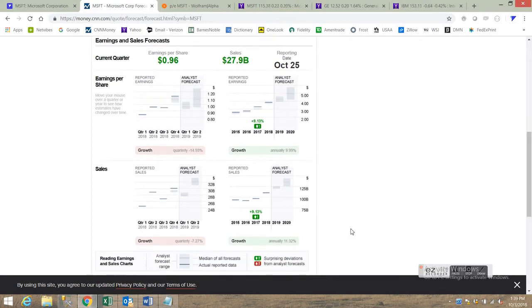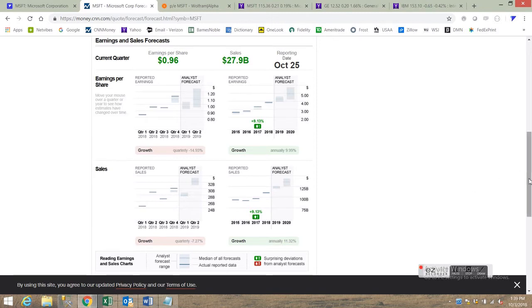You can see here that the growth annually being forecasted is about 11.5%. So 14% isn't that much different for a valuation exercise that would call for any change.